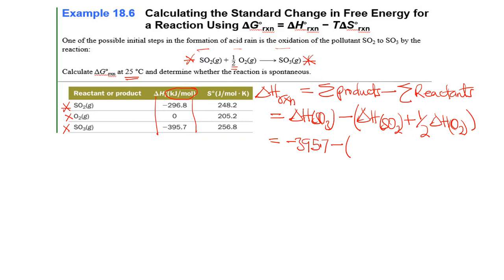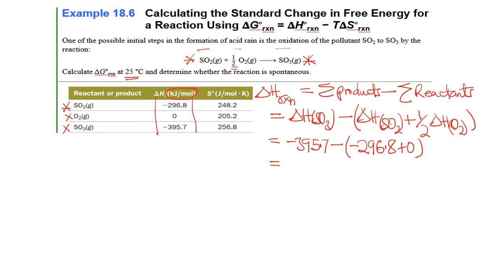Don't forget the parentheses. The enthalpy of sulfur dioxide is minus 296.8 kilojoules. This one plus the enthalpy of oxygen, which is 0.